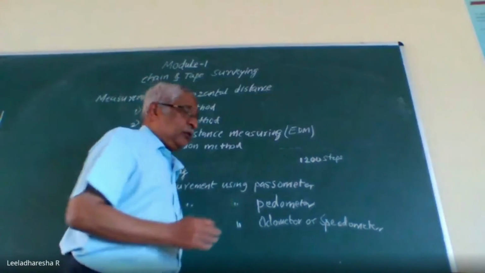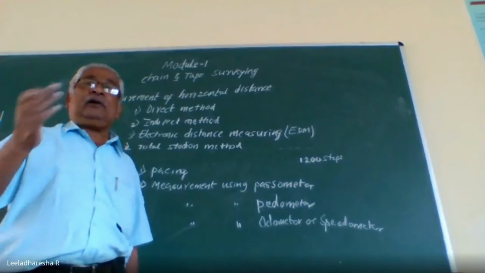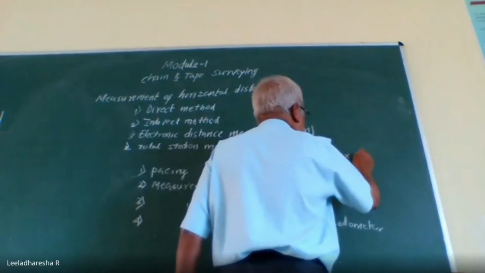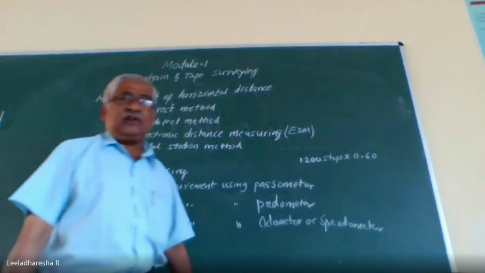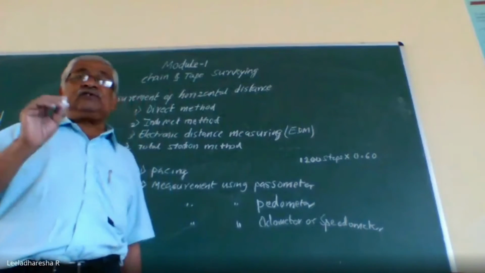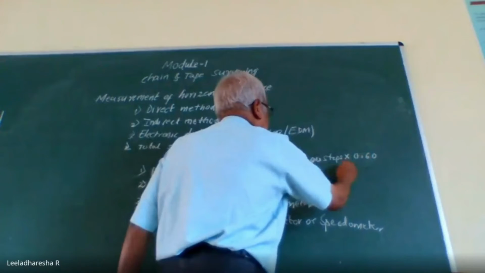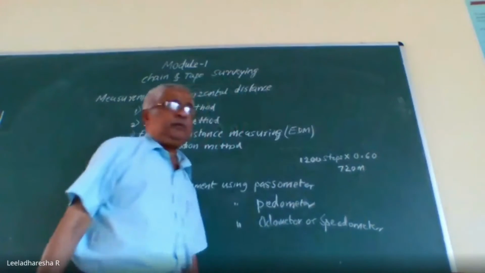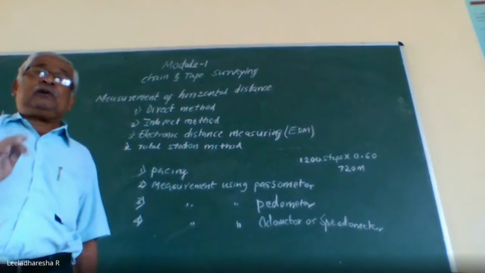Let us say I am going to cover 60 centimeters in one step at an average. So now number of steps 1200 into distance covered in single step, that is 60 centimeter. If I do, I am going to get 720 meters as the distance from A to B. So this particular method is adopted.